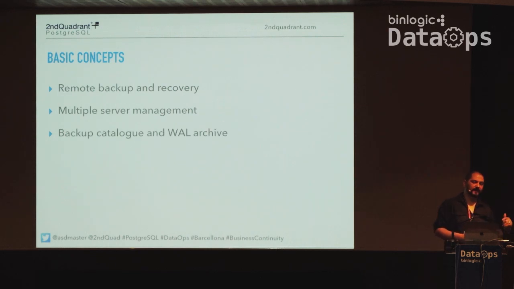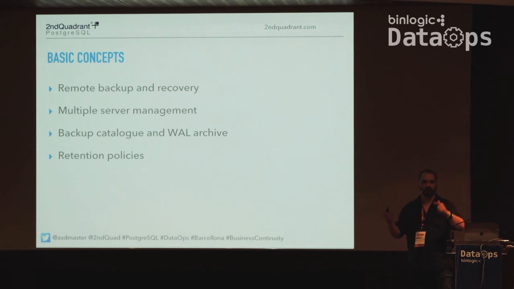Barman offers a backup catalog, handles the archiving of the WAL files, and offers retention policies for both backups and WAL files. By retention policy, I mean, for example, I want to keep 1 week's worth of data, and I take 2 backups a week. Barman takes care of removing the obsolete backups and related WAL files when they fall off the recovery window that we defined.